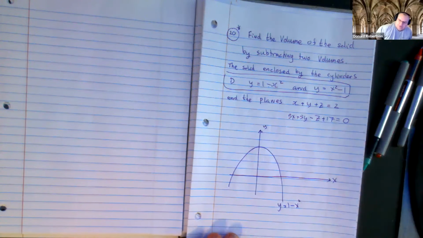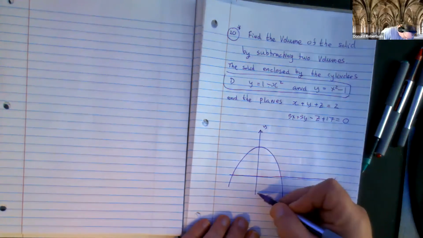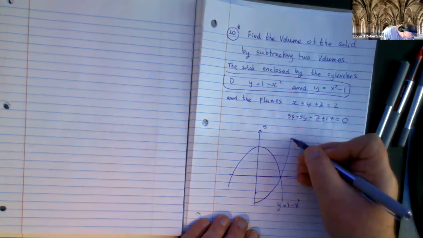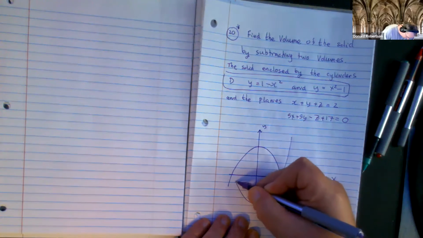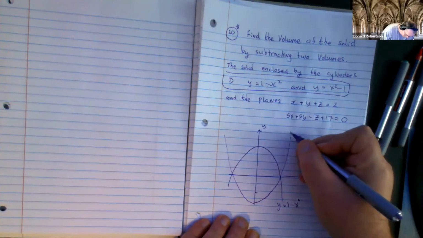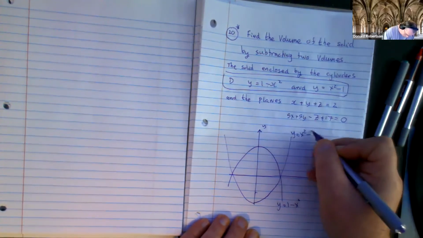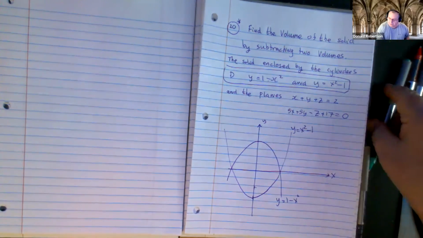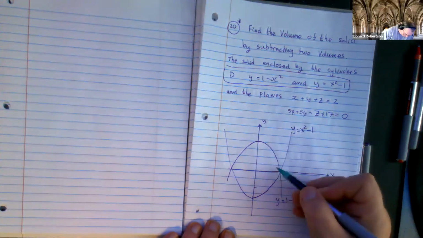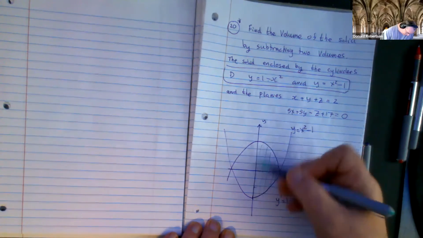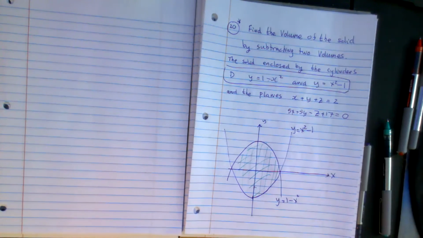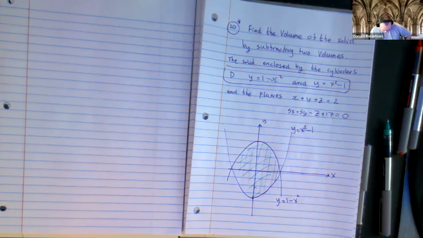Now, if you do x squared minus 1, are you comfortable with my shape? So the region D is that big blob football shape in the middle.